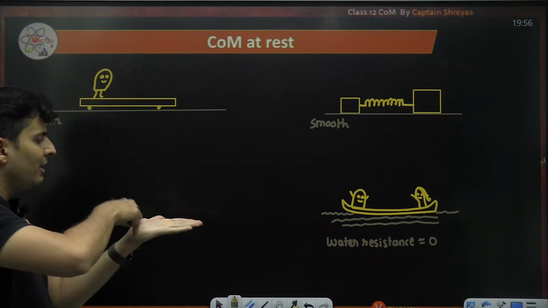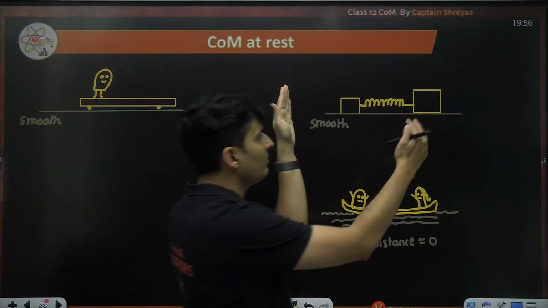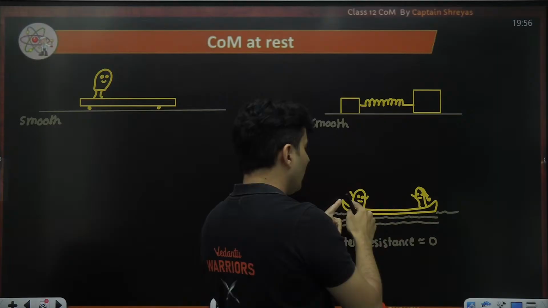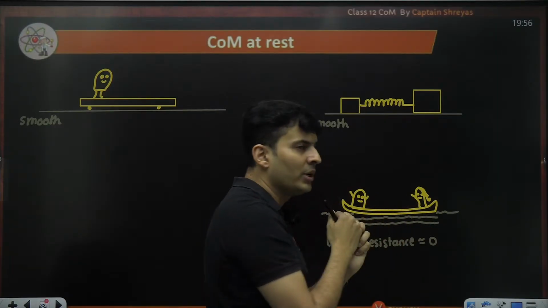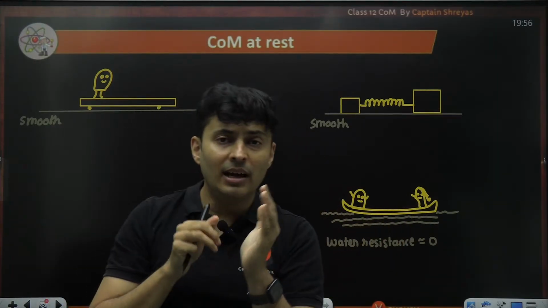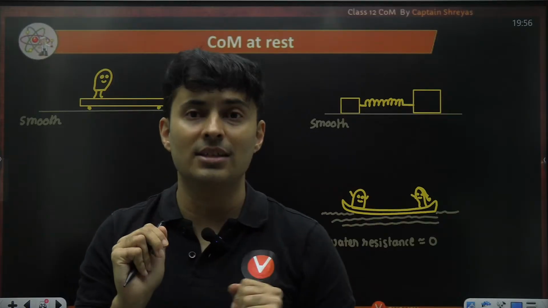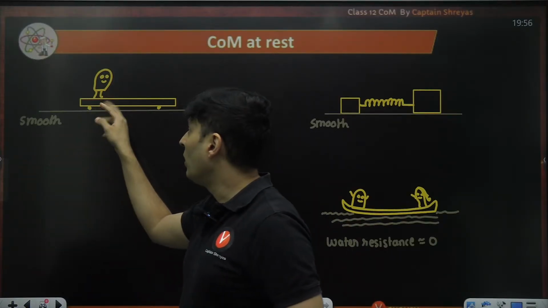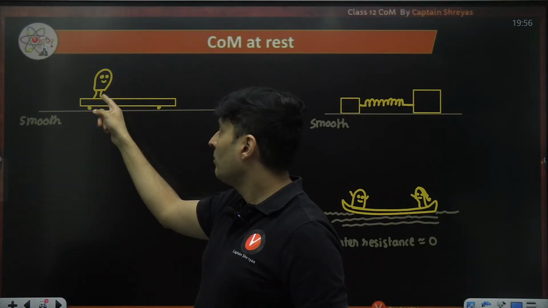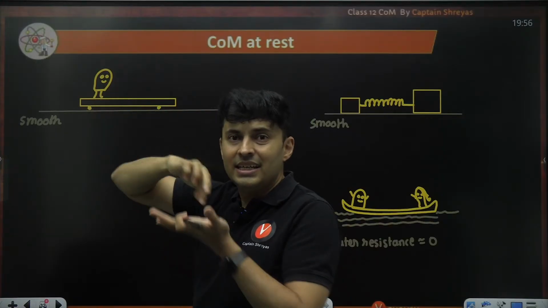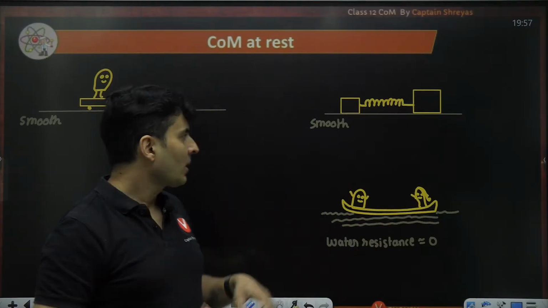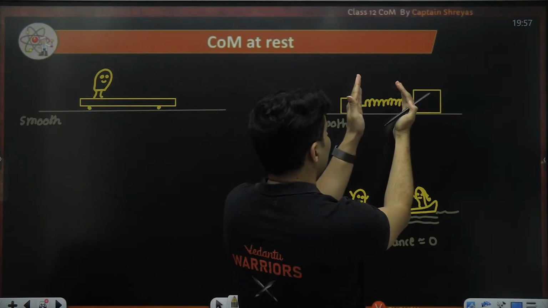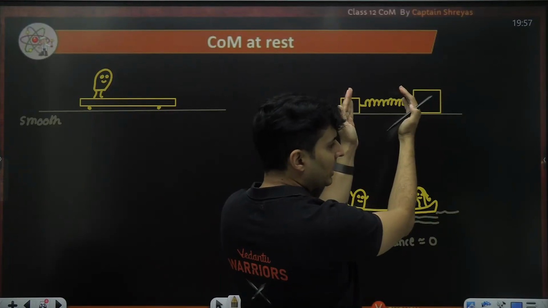Okay. Now, in all these scenarios, you will notice one thing. Pandu on this plank, when he walks, or the spring block system when compressed, or Pandu moving towards Champa, Champa moving towards Pandu, they will apply the forces internally on each other. Like when this Pandu walks, he will push the plank, that pushing, pulling action is internal between the plank and Pandu. The blocks are compressing the spring and released.